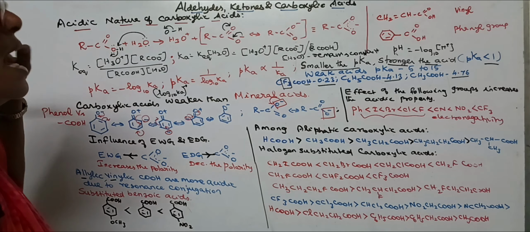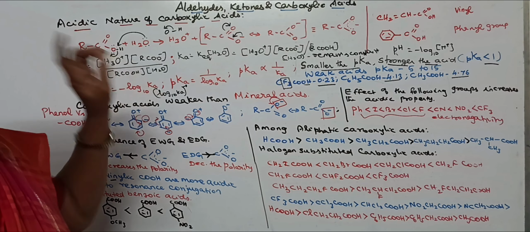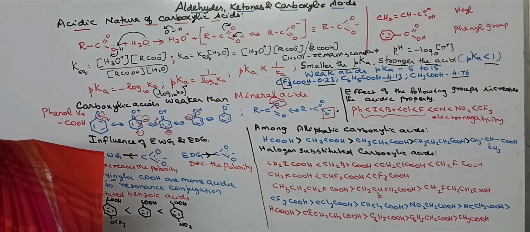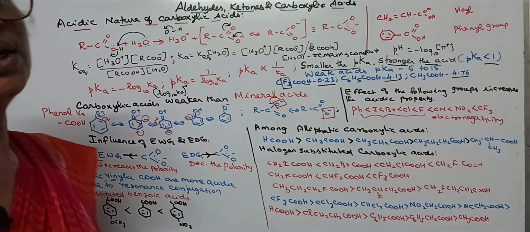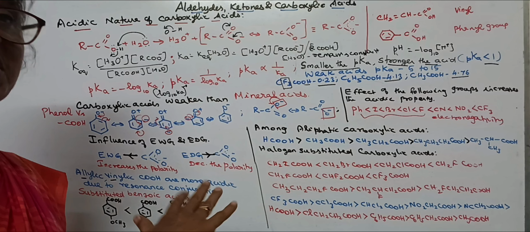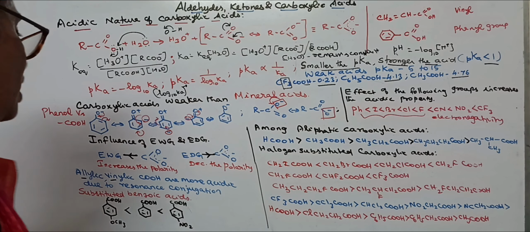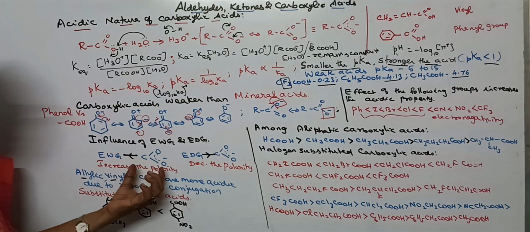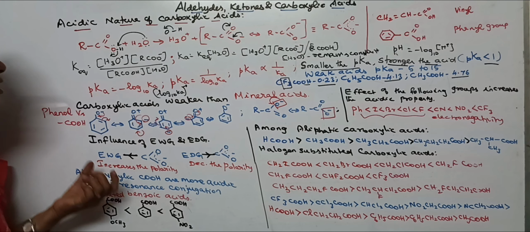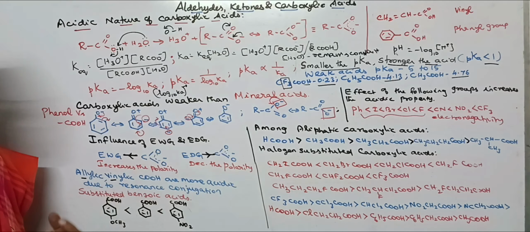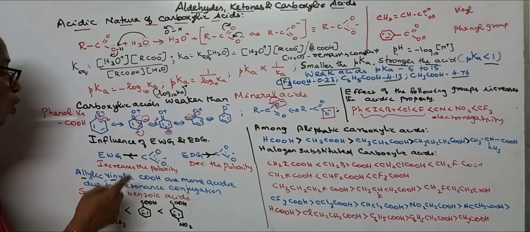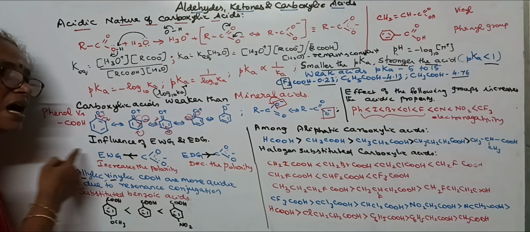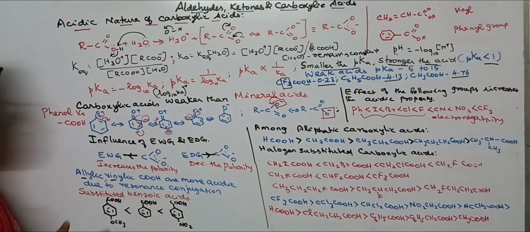Already I said acidic nature depends upon the tendency to lose the proton. The more easily you can remove the proton, the stronger the acid is said to be. Suppose I have an electron withdrawing group with the carboxylate ion; that electron withdrawing group withdraws electrons from the carboxylate group.